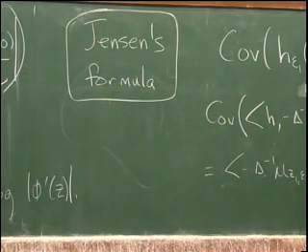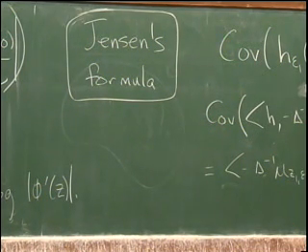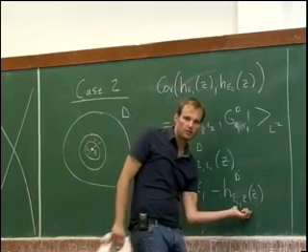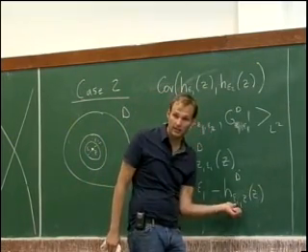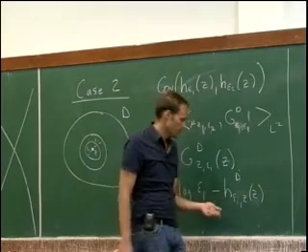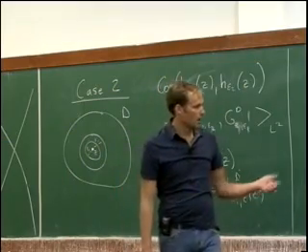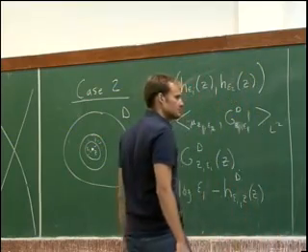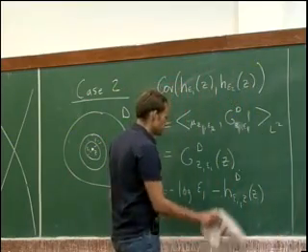So, okay, let's go back here really quick. The answer for the covariance in this case is just the log of the bigger ball, minus this constant here, which actually doesn't depend on epsilon, even though the notation looks like it. And this constant is just the log of the conformal radius.